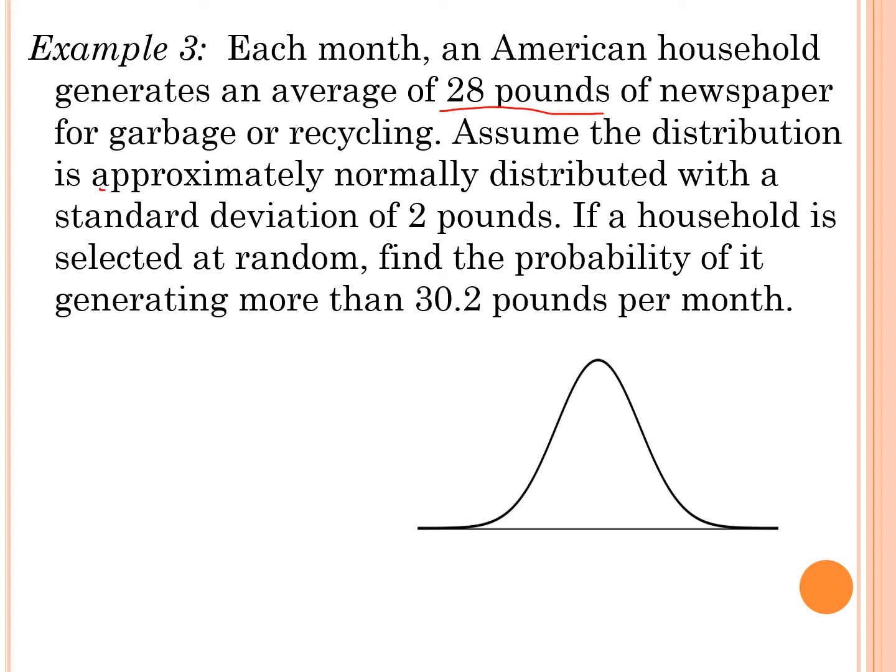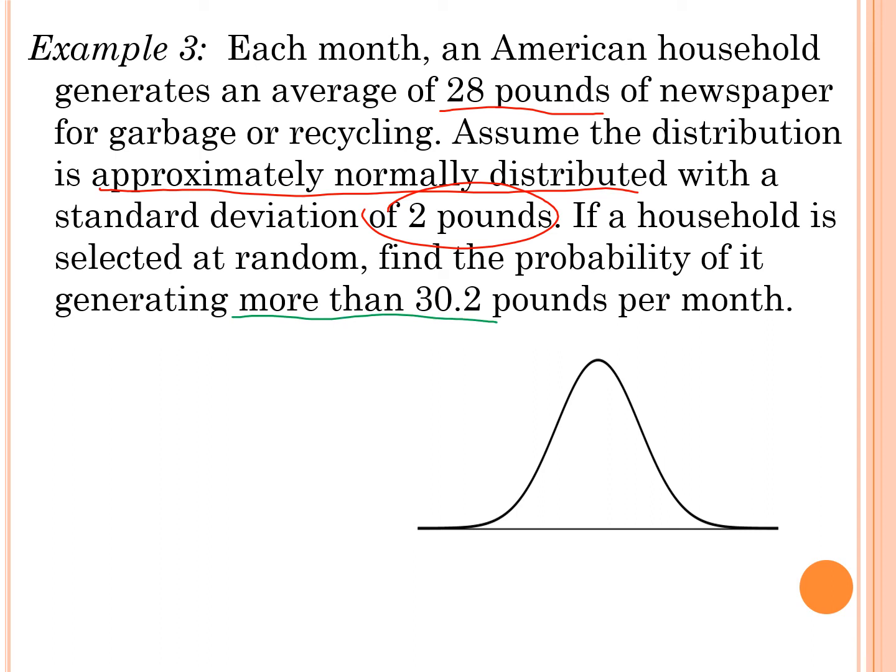We're assuming this is normally distributed. It most likely is if we were to look at the data. We have some average value. Some people generate more than average. Some people generate less. As we move away from that average, it becomes less and less likely. It tells us the standard deviation is 2 pounds, and then it asks us what's the probability that a household generates more than 30.2 pounds per month.